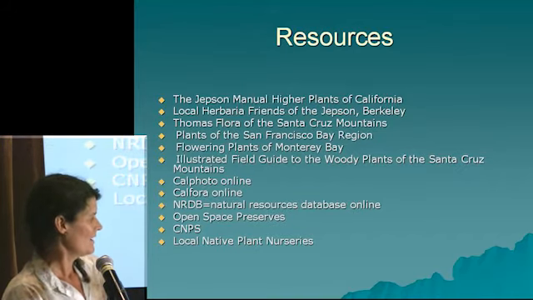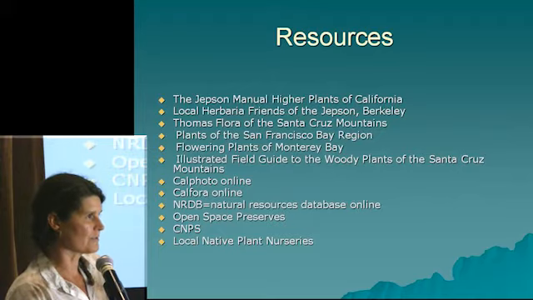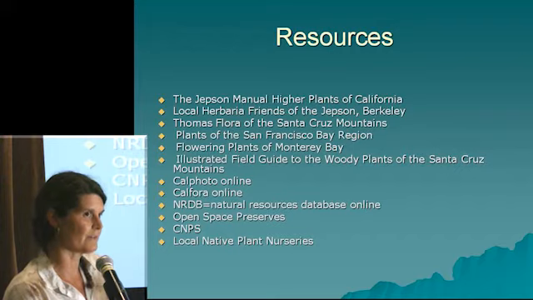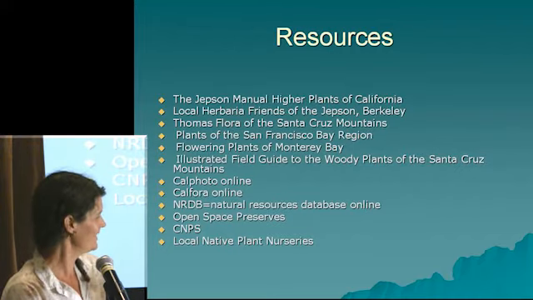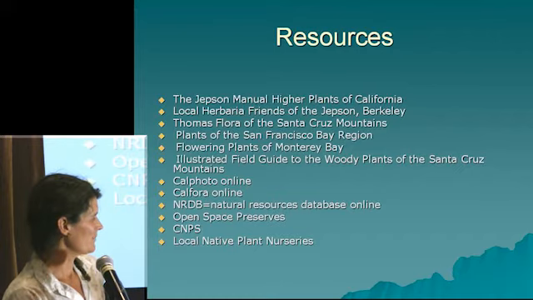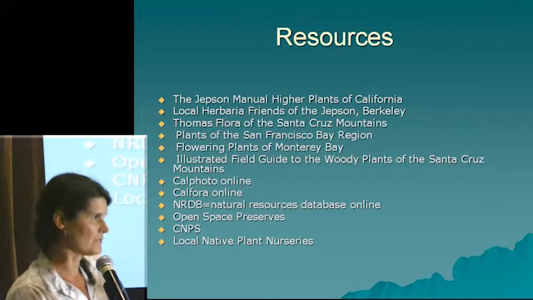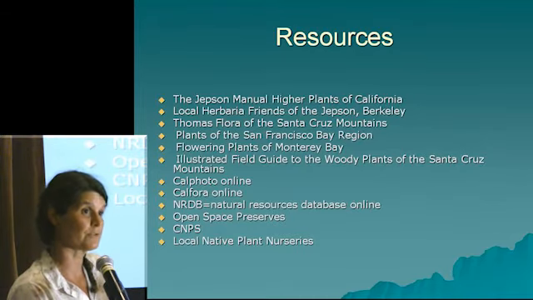Yep. And then I also use The Flowering Plants of Monterey Bay. That's a really great book too, by Corky Matthews. I think every plant in that book has an illustration. I love that. And then Calflora, if anybody ever has questions, they can go online and look at pictures on Calflora.